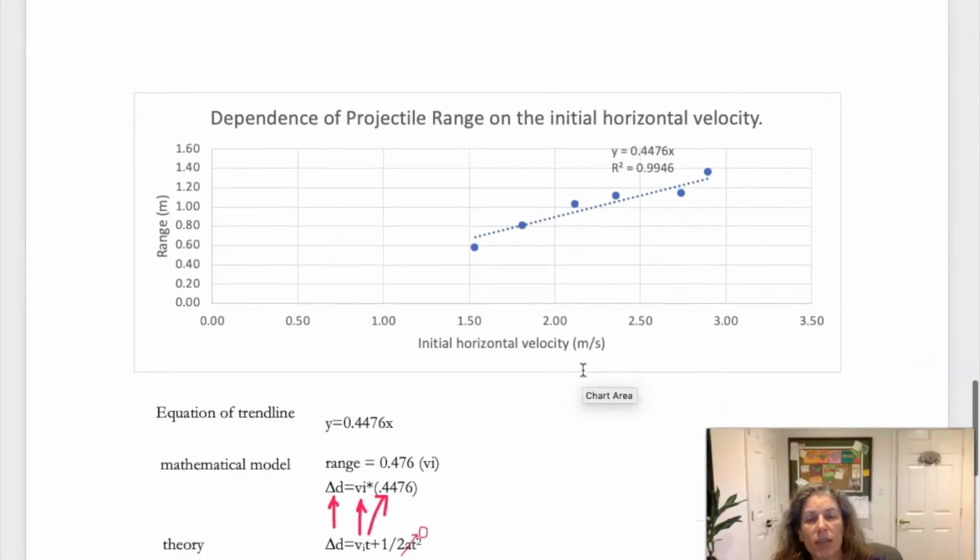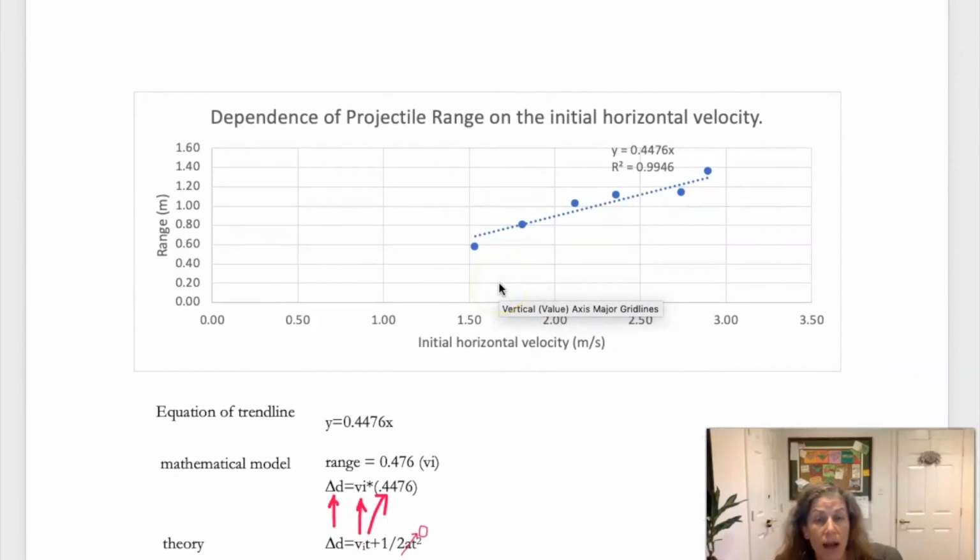In order to answer the question, you must make a graph. So you'll see I graphed it, and I ended up with my trend line, y equals 0.4476x, which is range equals 0.4476 v initial, right? Because that's what I graphed on these axes.